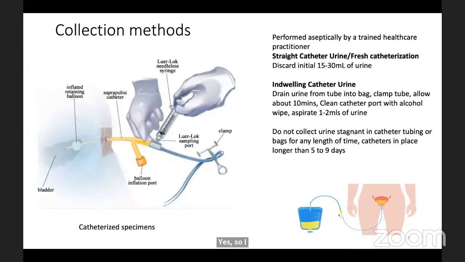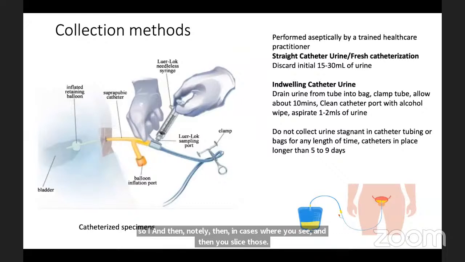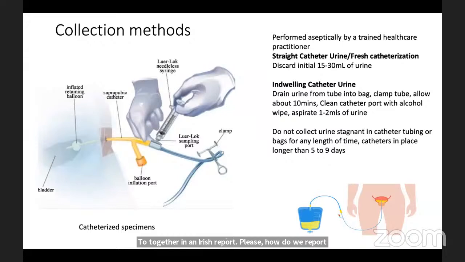Then in cases where you see pseudo-hyphae and slice cells together in an RA report, how do we report that? And then with regards to the urine RA and urine CS in females, when we are reporting, sometimes you see contamination with bacteria.